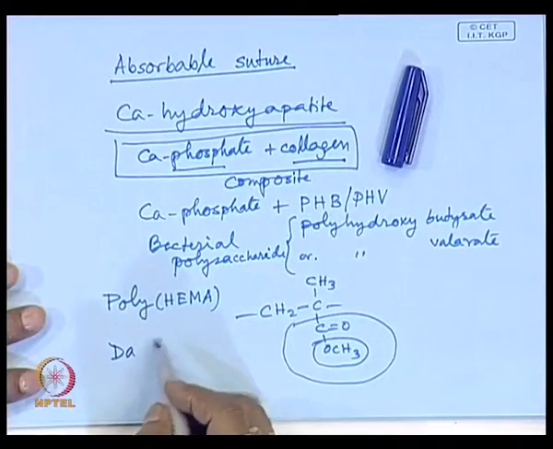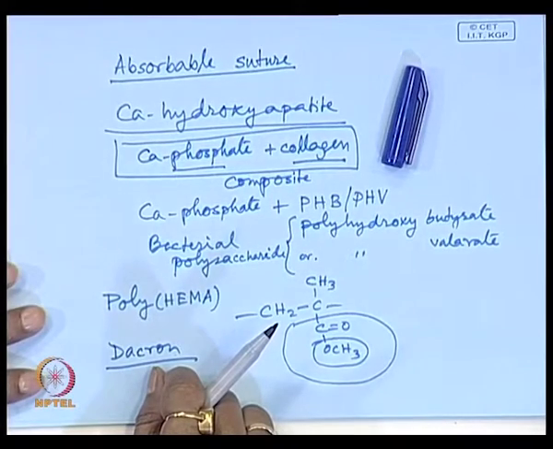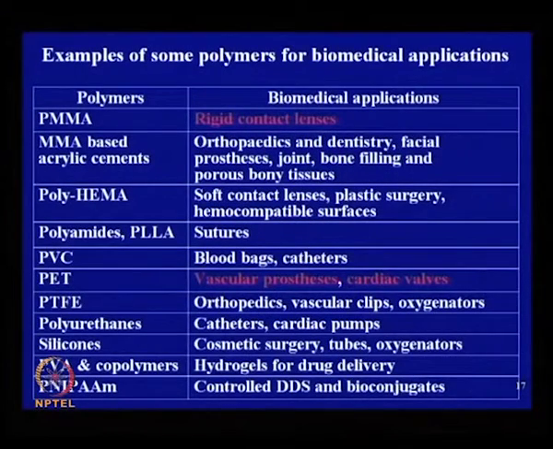This is called Dacron fiber, trade name of polyethylene terephthalate, that is used for making vascular, that means your veins or arteries, along with some fluorinated polymer fibers. If anybody of you is interested, literature is available, you can go through. There is a course on biomaterials, you can take that course also in order to get details.